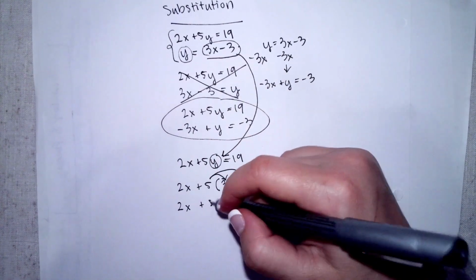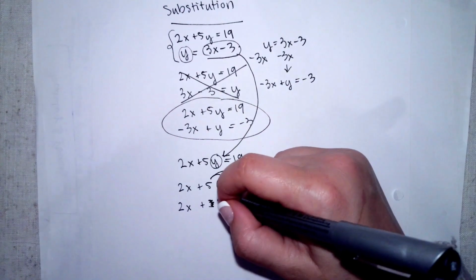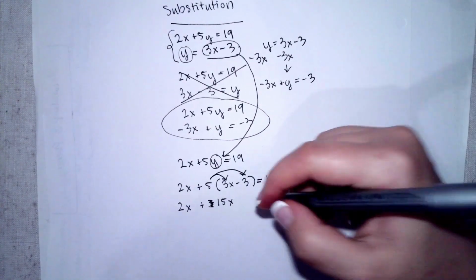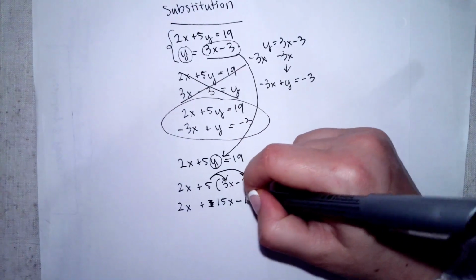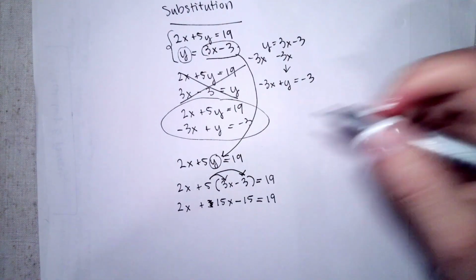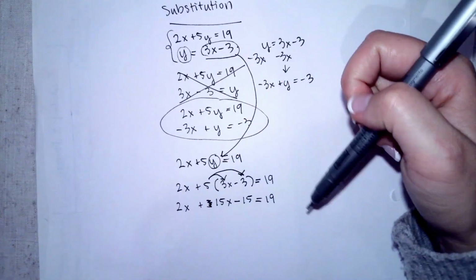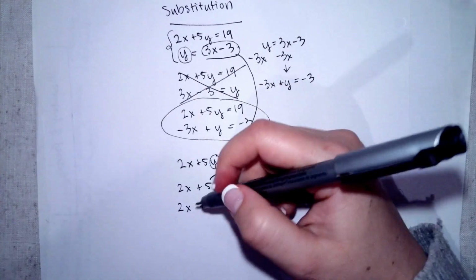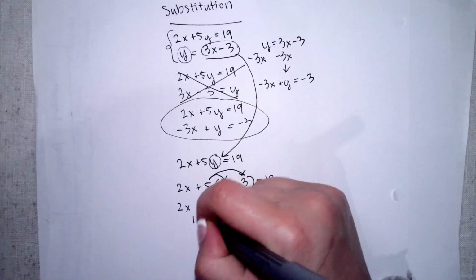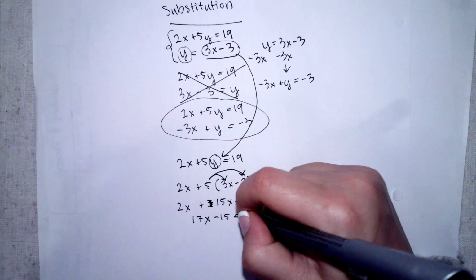So it's going to be 2x plus 5 times 3x, which is positive 15x, and 5 times negative 3, which is minus 15. And all of that equals 19 still. So now we're going to combine the like terms. So we have 2x and 15x, and then we have negative 15 and 19. So these two are easy, so we're just going to add these two together. So we're going to get 17x, and the negative 15 and the 19 are a little bit more tricky.